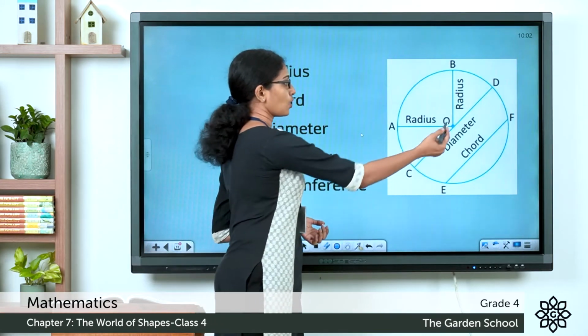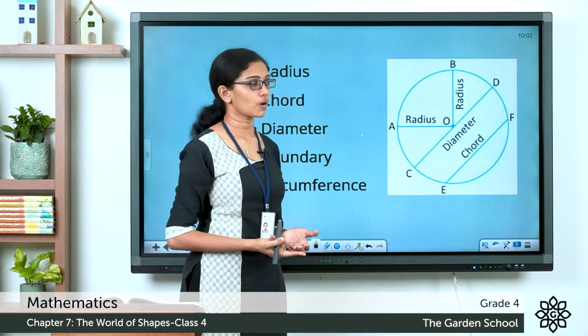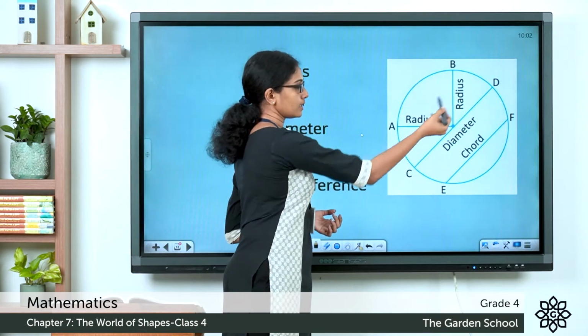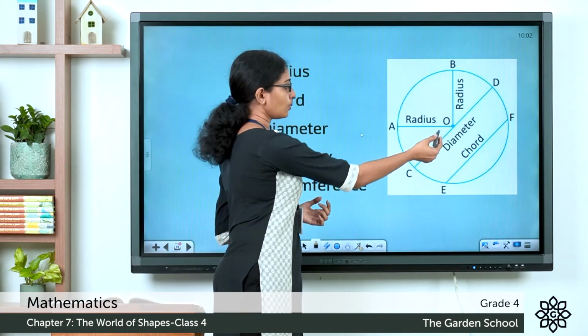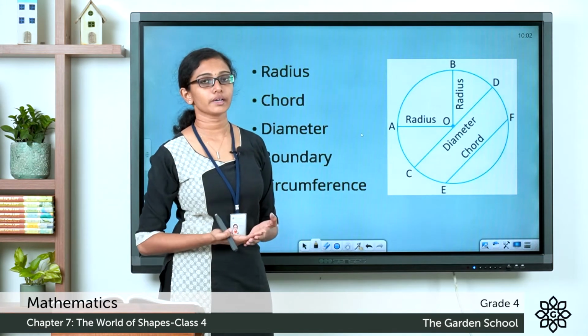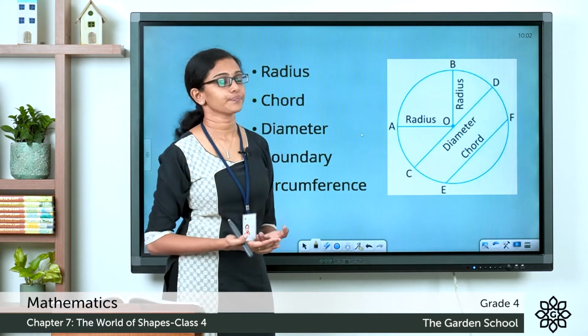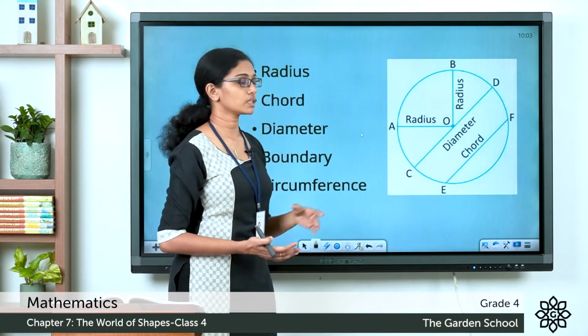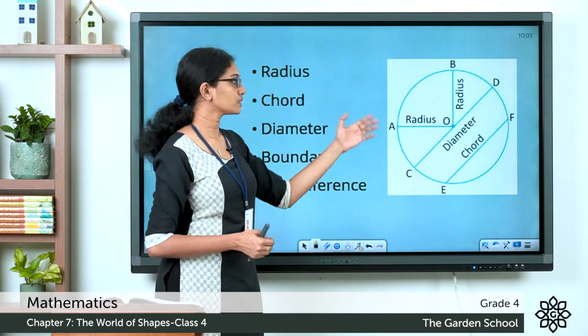So the distance OA is a radius of the circle, OB is also a radius, OD is also a radius and OC is also a radius. When you talk about more than one radius, we call it radii. So OA, OB, OD and OC are radii of this circle.